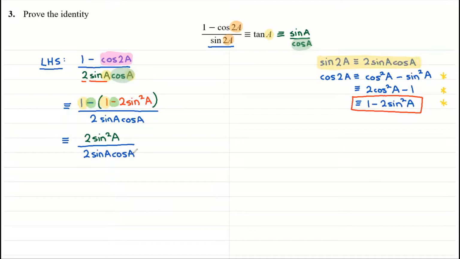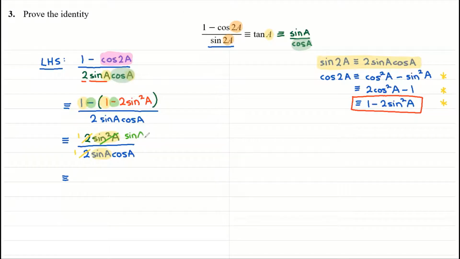Right, so it looks like we've got everything we need. Now we'll just check for the cancellation. Let's have a look carefully. The 2's will obviously cancel, which is what we needed. And then I have a sine squared in the numerator and a sine A. So we're going to drop that down by one factor of sine A, so that's going to become sine A there.